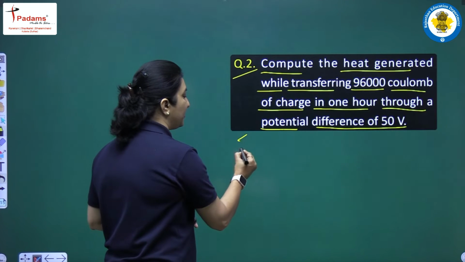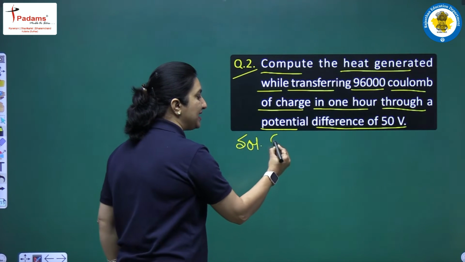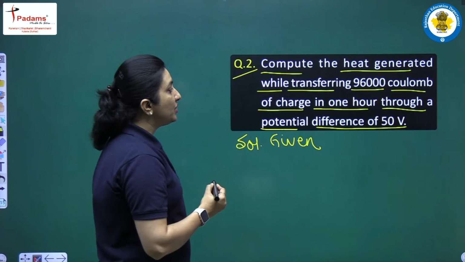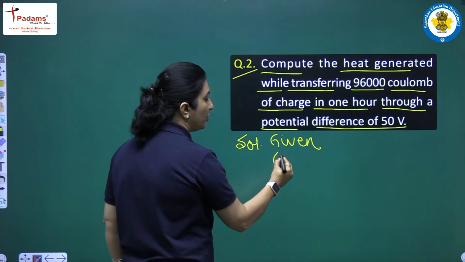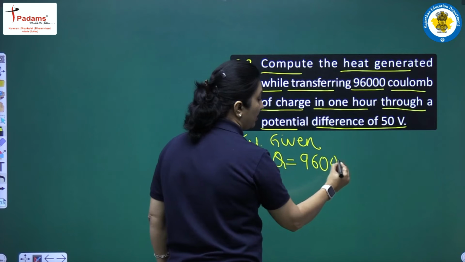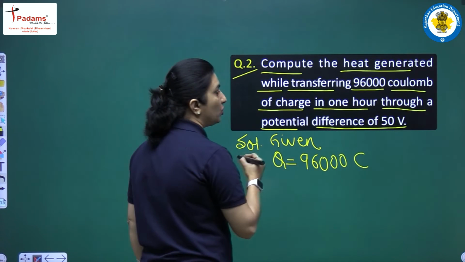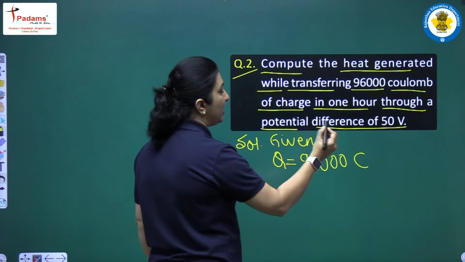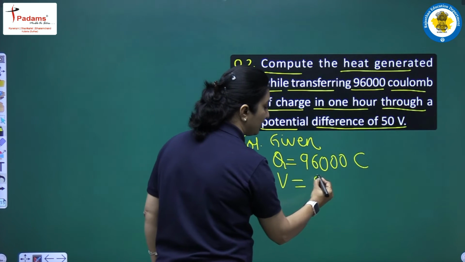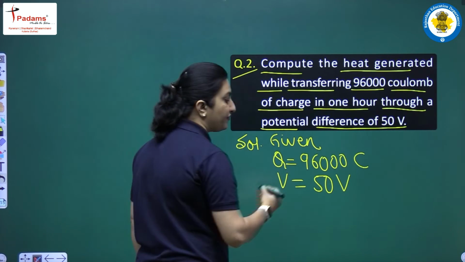So to begin with, we will write the quantities which are given. Now here students, we are given Q is 96,000 coulombs and we have the potential difference V given as 50 volts.